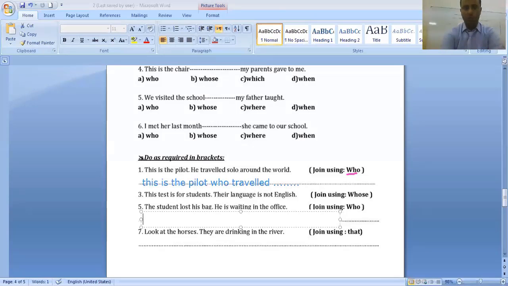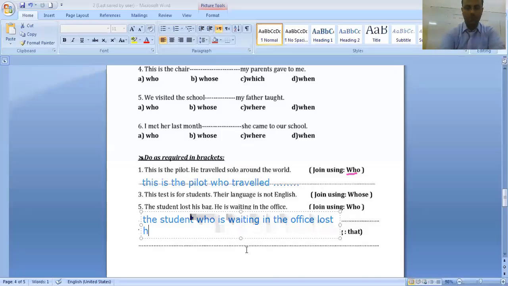The right answer will be: the student who lost his bag is waiting in the office. Now we have finished this sentence also.